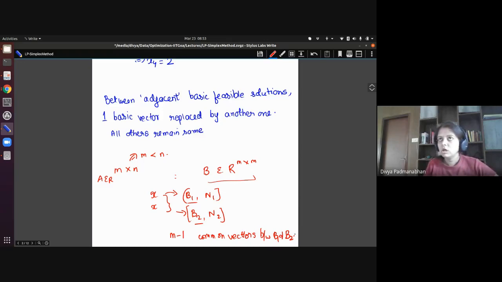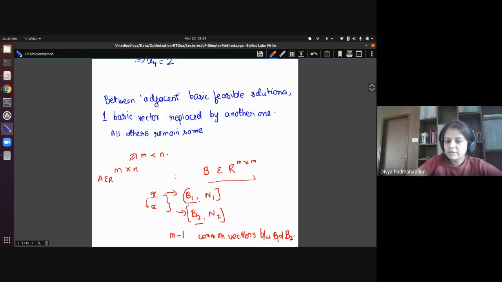So what is going to happen is, if you want to go from one vertex to the other, you try to remove one of the basic vectors. Suppose you want to go from x tilde to x. This B1 has m vectors, m of these basic solutions. So you can think of this process as identifying one of the vectors in B1 which has to leave the system, and then you have a system of m minus 1 vectors.